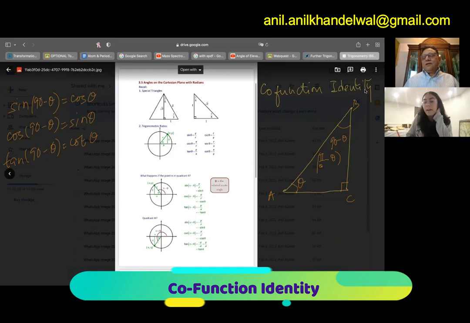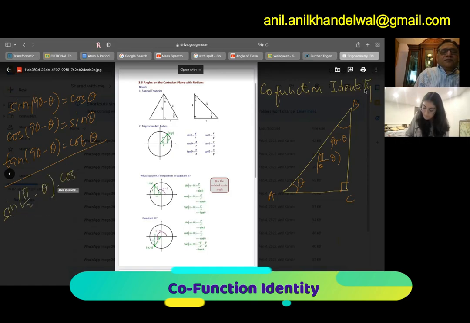Is it okay? Yeah. But anyway, sine cosine, you got it, right? If you're using radian measurements, you're going to write sine of pi by 2 minus theta is cos theta, and cos of pi by 2 minus theta is sine theta. So we are working in quadrant 1.